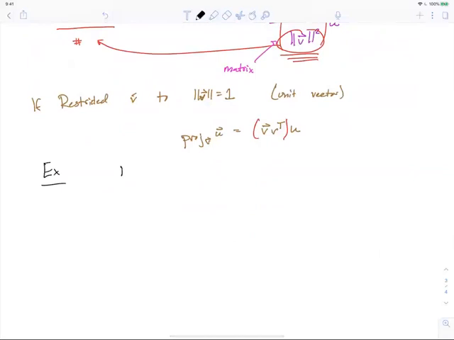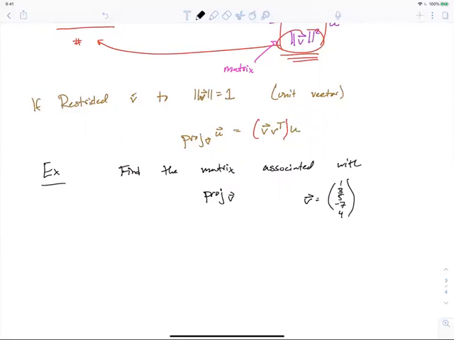All right, so let's find the matrix associated with the projection onto V. So we have this V vector, and we want to find the matrix associated to that. Well, the nice thing is we can't quite use this formula right here because it's not a unit vector, but we can use this one.